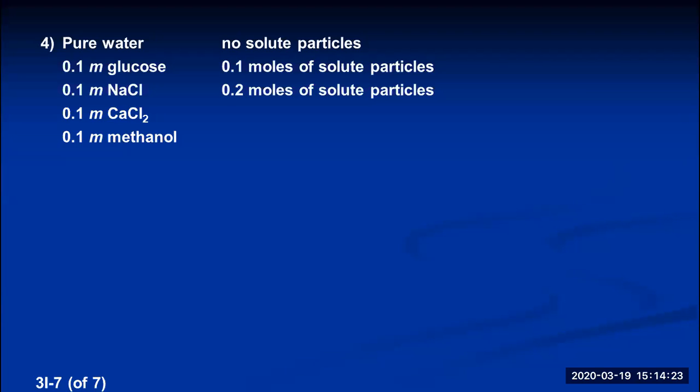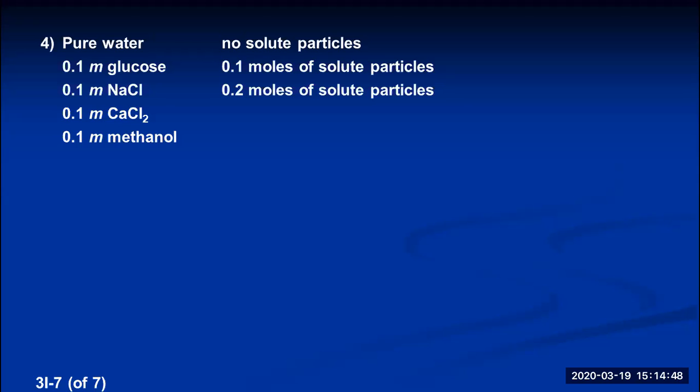So right now, out of the 3, pure water would have the highest vapor pressure. We dissolve 0.1 moles of a non-volatile solute into the water, the vapor pressure goes down. If we dissolve 0.2 moles of non-volatile solute particles in the solution, the vapor pressure goes down even more. And then we get to the calcium chloride solution, assuming a kilogram of water, we would have 0.1 moles of calcium chloride dissolved, but it's an electrolyte.